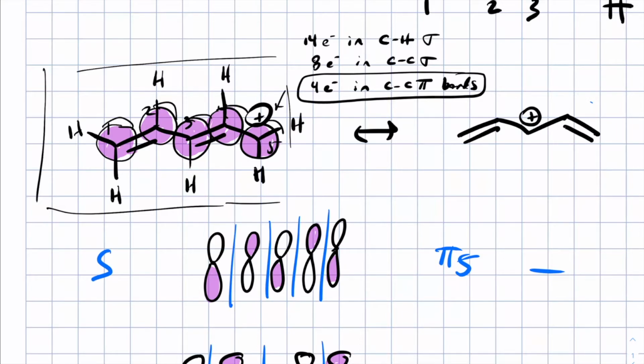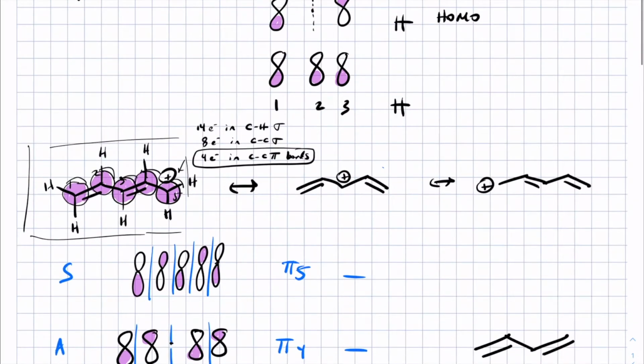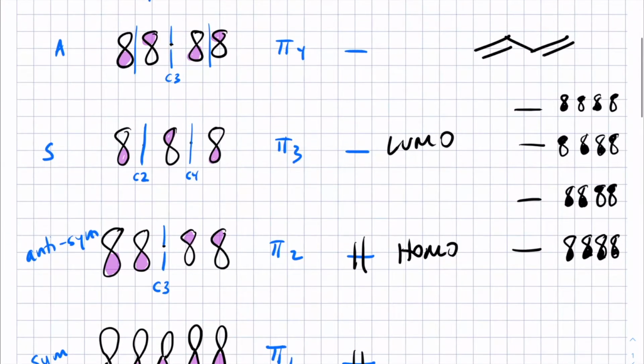Would all of this hold true if there's another pi bond involved with another molecule, like a CO pi bond? If you had a CO pi bond, what would that do? Fascinating question.